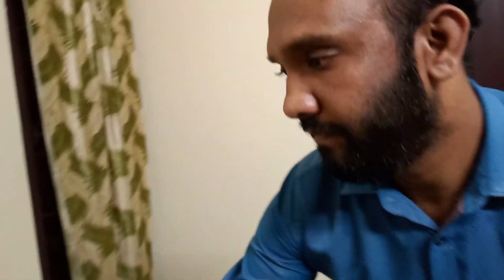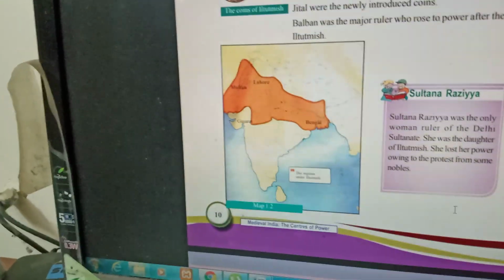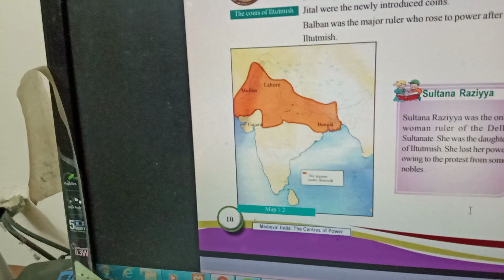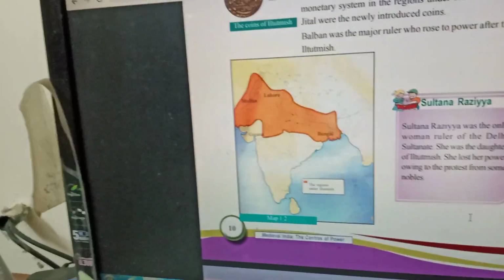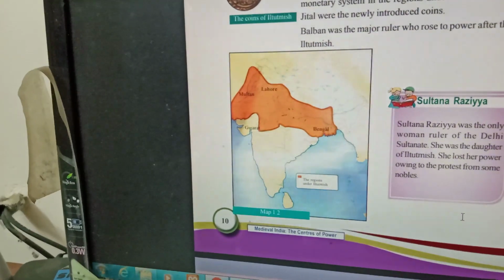During his rule, he conquered regions like Multan, Lahore and Bengal. We can have a look at the kingdom of Iltutmish. This is the map that shows the kingdom of Iltutmish.